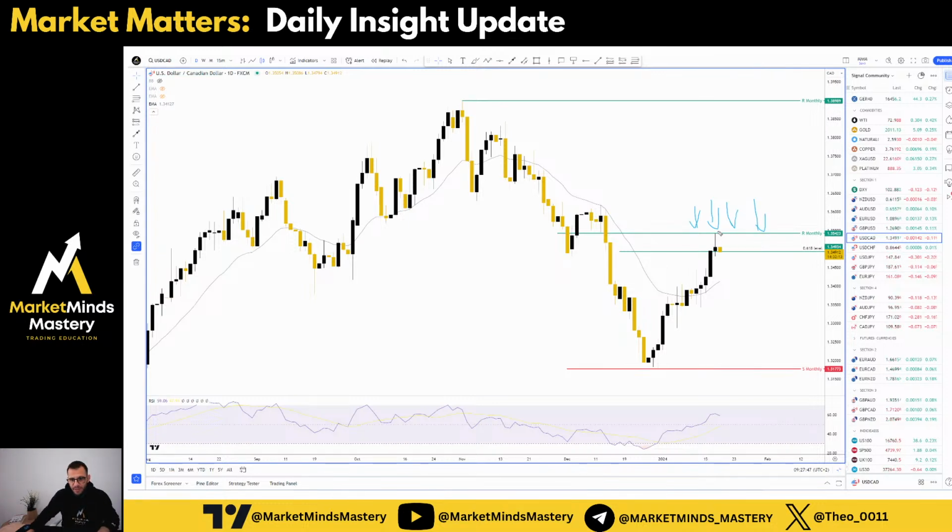When the price, let's say price is at resistance, we identify the resistance. We see a price action, a shooting star, which is a very strong price action reversal.